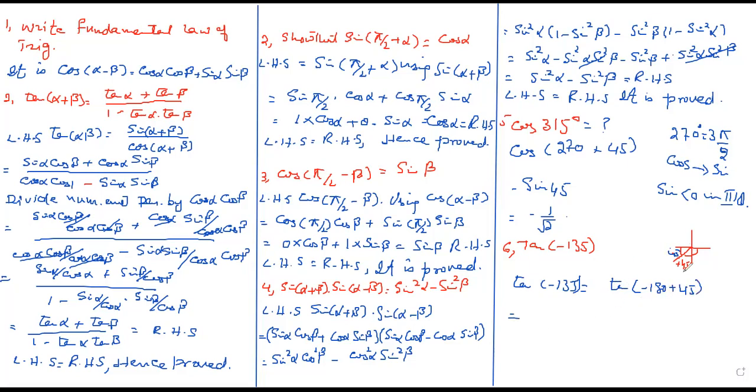Pi by 2's function is tangent goes to tangent always, and tangent is positive in third quadrant. Okay, so now it would be tangent 45 degrees, and tangent 45 is 1. So 1 is the answer with plus sign. The plus means the third quadrant.